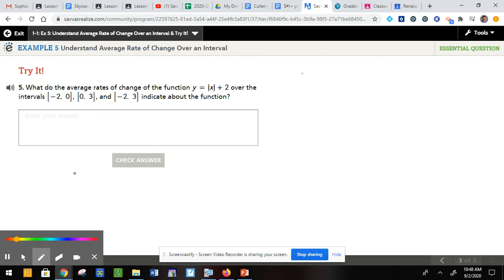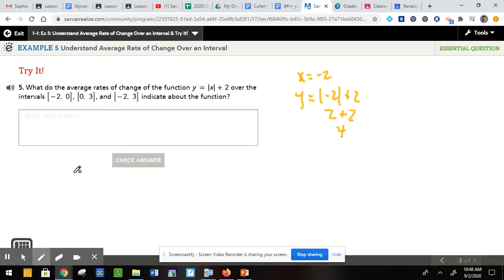So again, when x is -2, the question is, what's the y value? So it's y equals absolute value of -2 plus 2. Absolute value of -2 is 2, and plus 2 makes it 4. So the ordered pair when x is -2 is -2, 4.